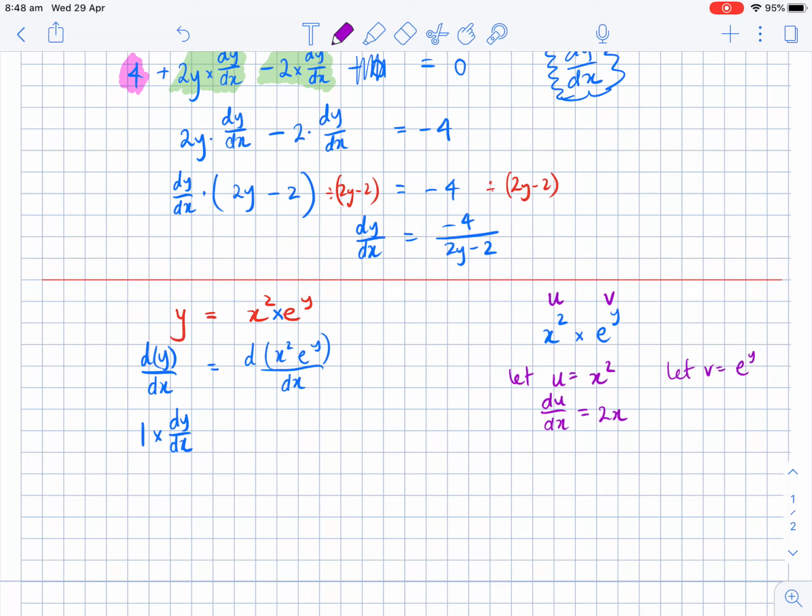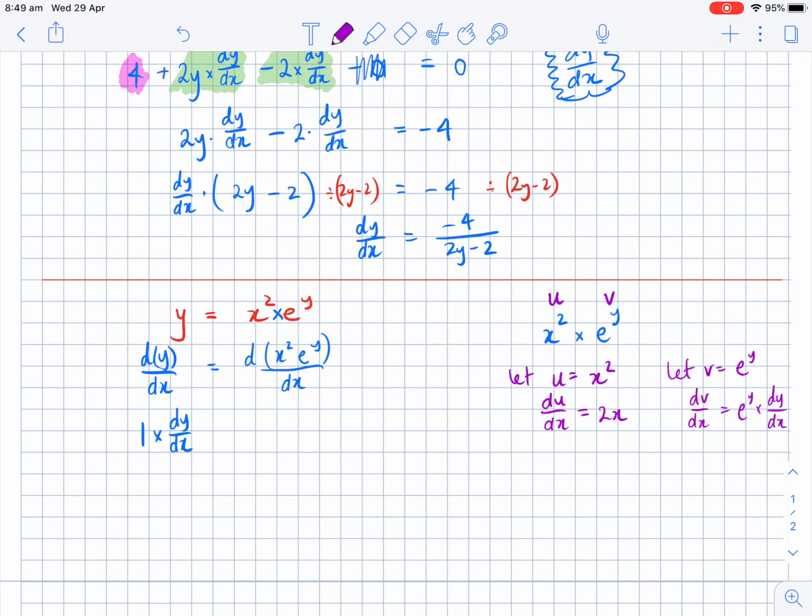Then if I let v equal e to the y, when I differentiate it in terms of y, I get e to the y. That's our rule with exponentials and the natural number e. But I differentiate it in terms of y here, so I've got to multiply that by dy dx.